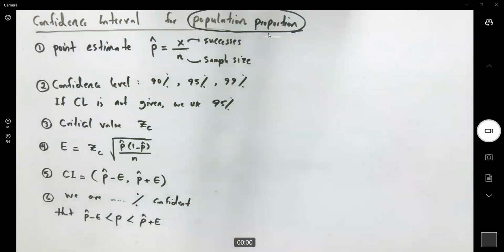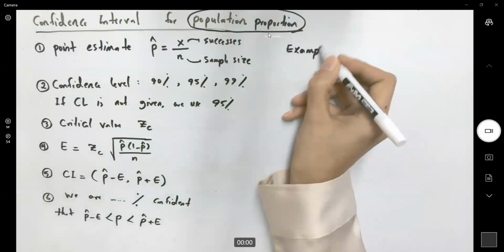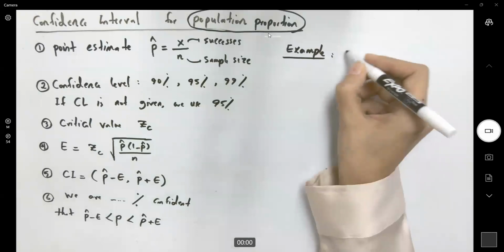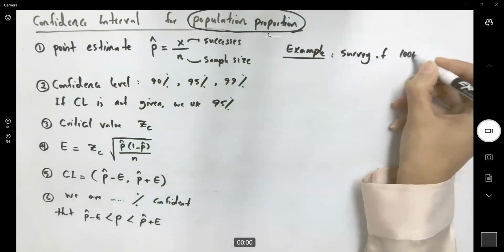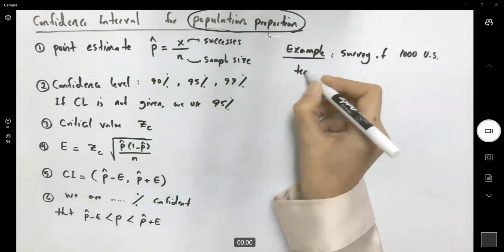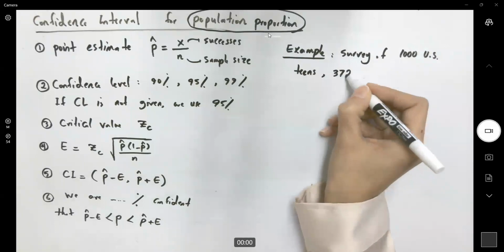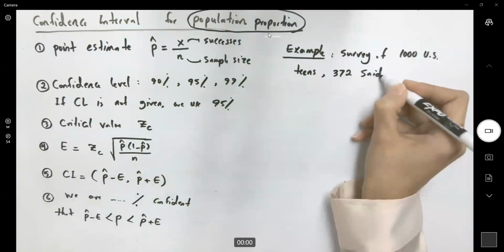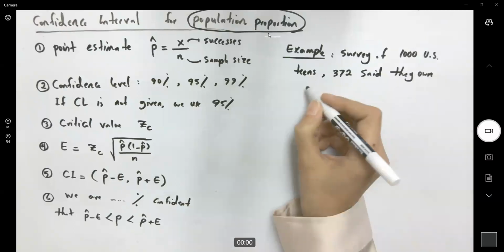So in this example, the question says, you have a survey. In a survey of 1,000 US teenagers, 372 said they own smartphones.